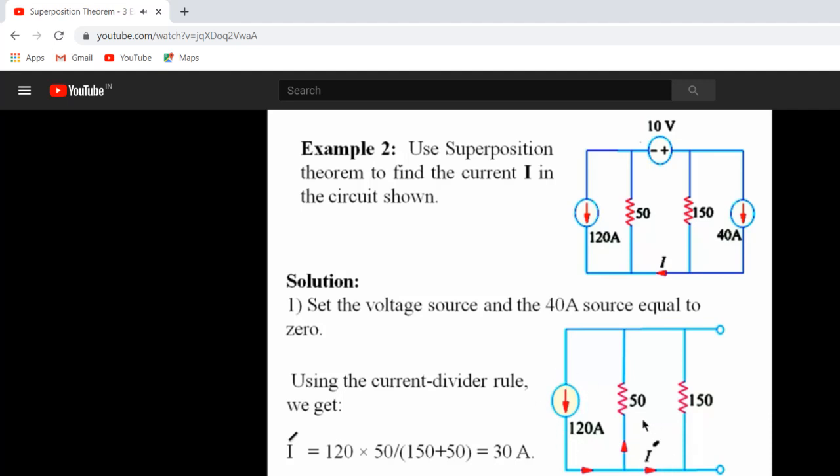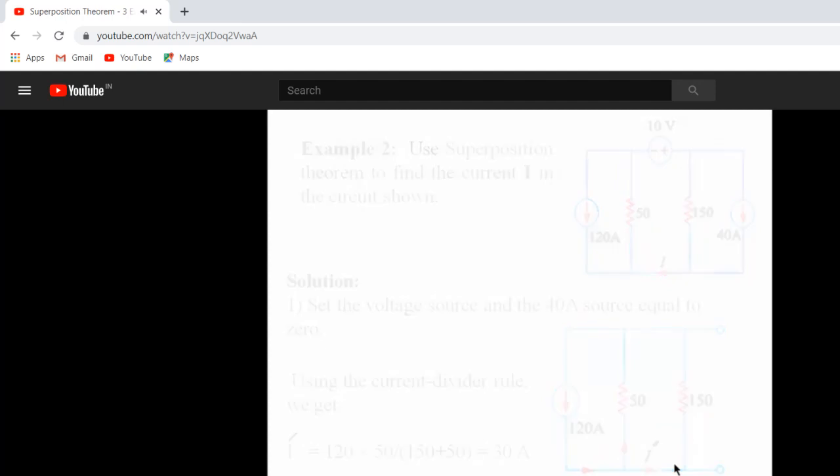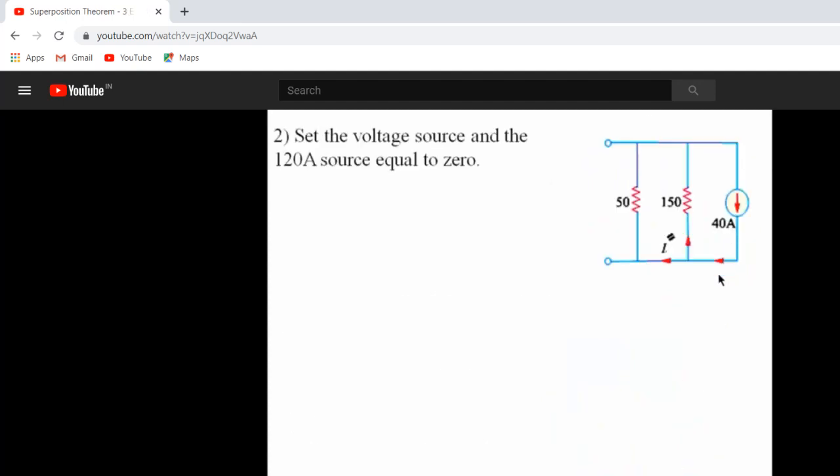Notice that the direction of this current is to the right. Now we're going to solve using only this current source. Again, using the current divider rule, we get the value of the current, which is 30 amperes. Notice that the direction of the current is to the left, which is opposite to the previous current.